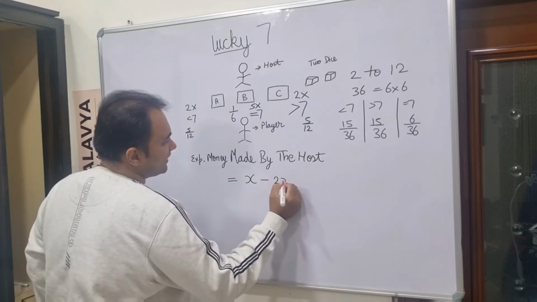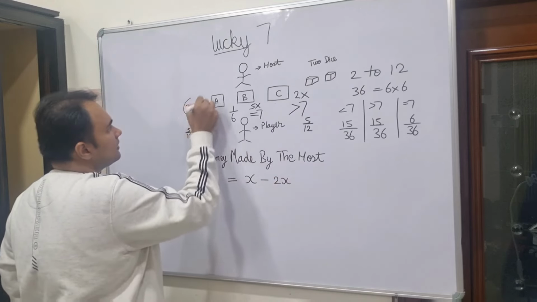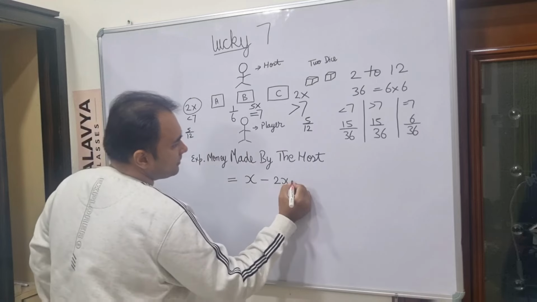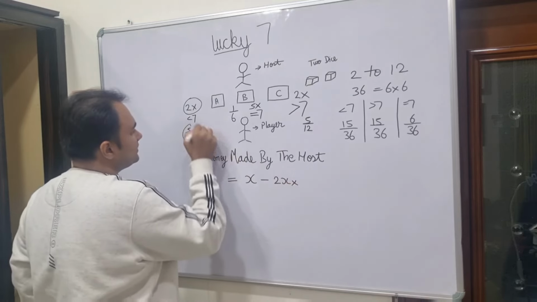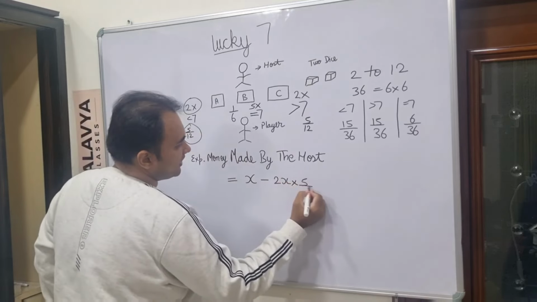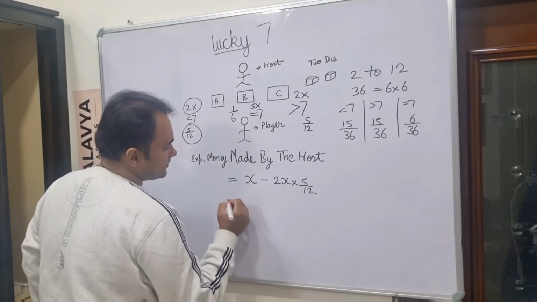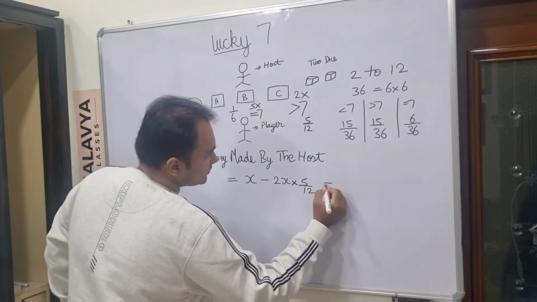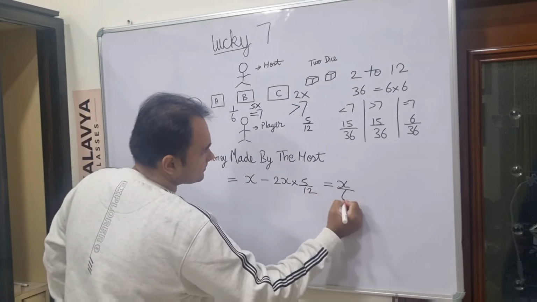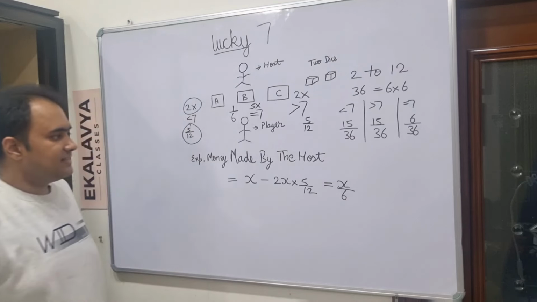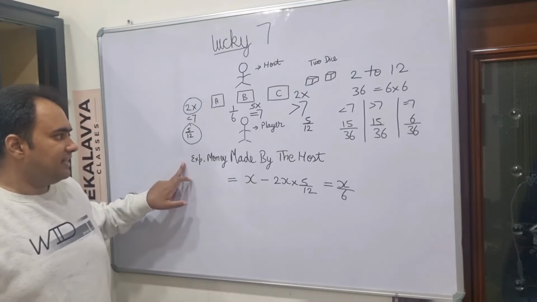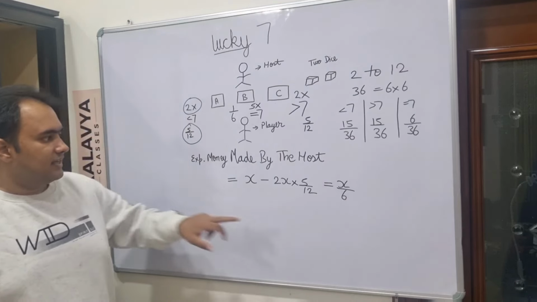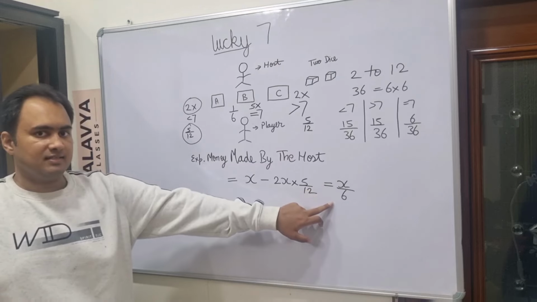That means twice X multiplied by the probability 5 by 12. So this is equal to X by 6. This means that the expected money made by the host is the bet amount divided by 6.